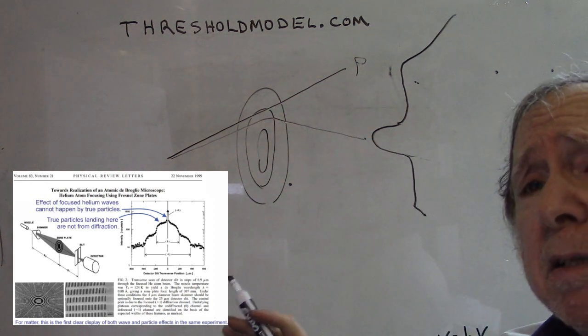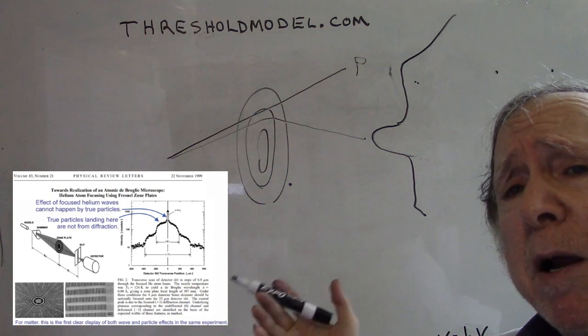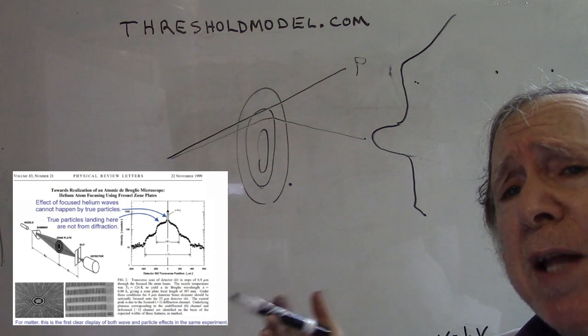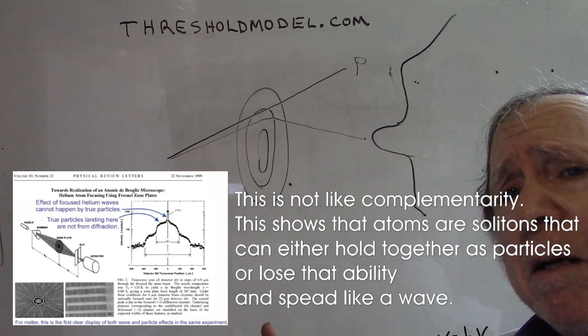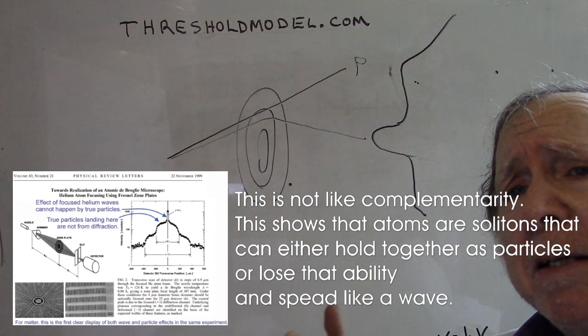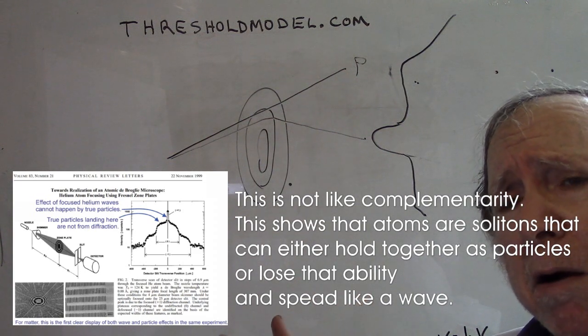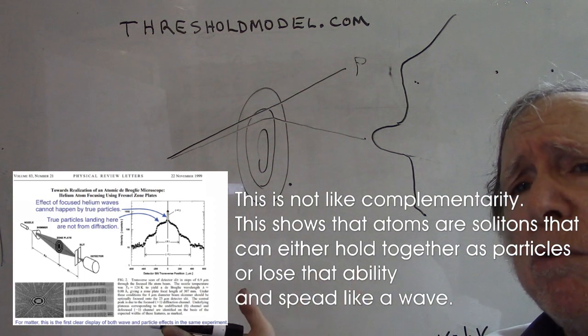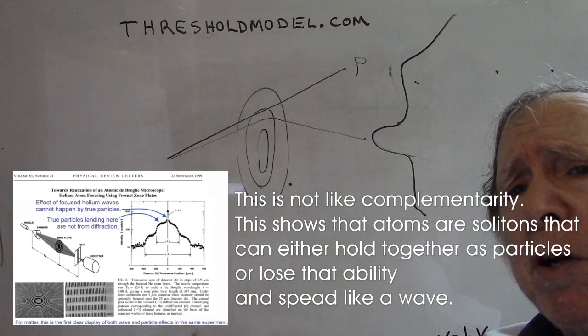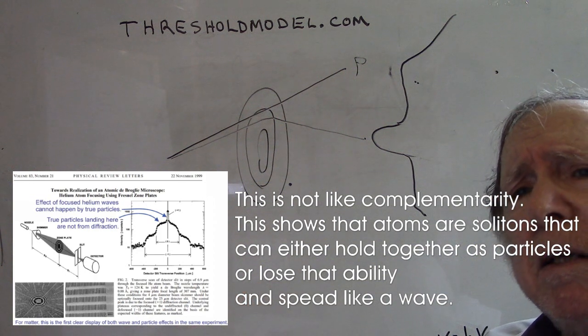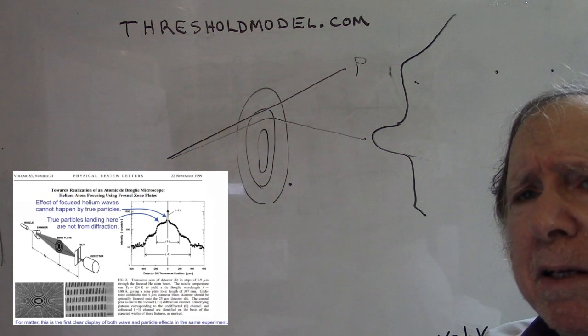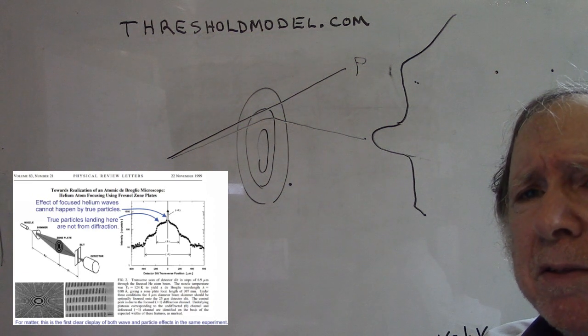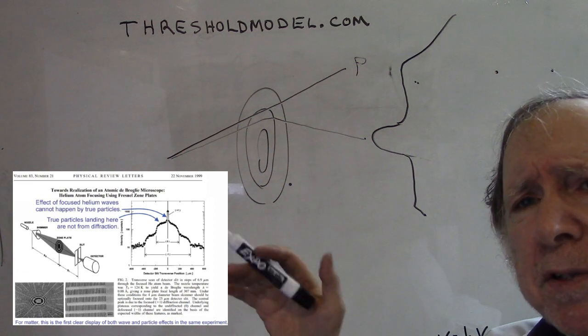So what's interesting is it shows that in the same experiment you can have two different states of matter, the matter wave and it being held together as a particle, showing up in the same experiment. That's a big clue as to what's going on, because with wave-particle duality, it's not just that light has it. It's atoms and electrons and protons, neutrons, all that other stuff.